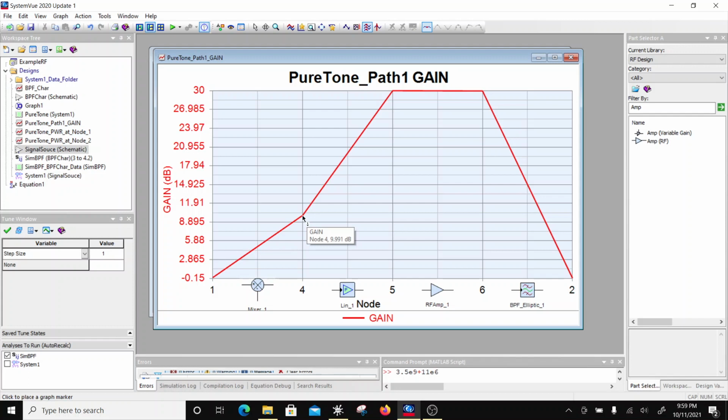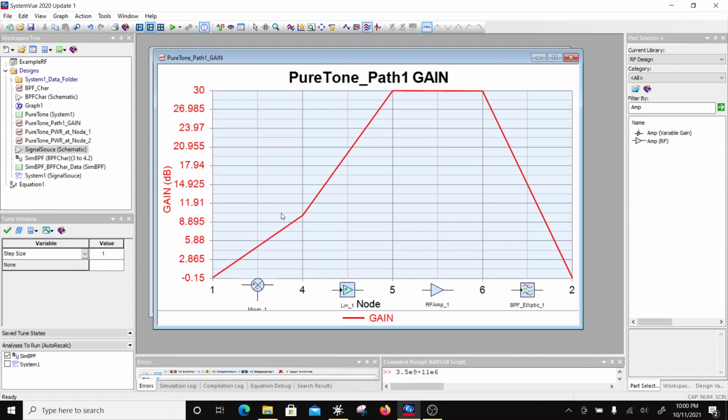Then from 4 to 5 I have a linear gain, so there is no effect of compression in here, so there is a 30 dB gain here which is added. This is not a cascaded gain, this is per stage gain.